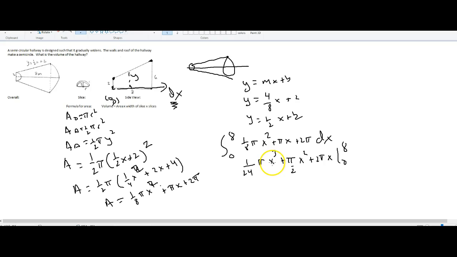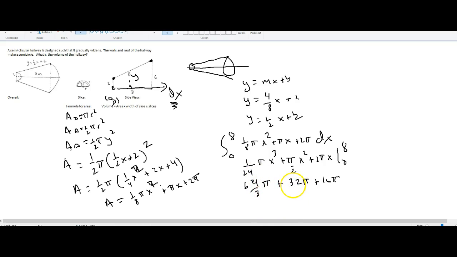Whew. 8 times 8 is 64. So I get 64 thirds pi plus 32 pi plus 16 pi. And that's a mess. But this is 21 1/3.